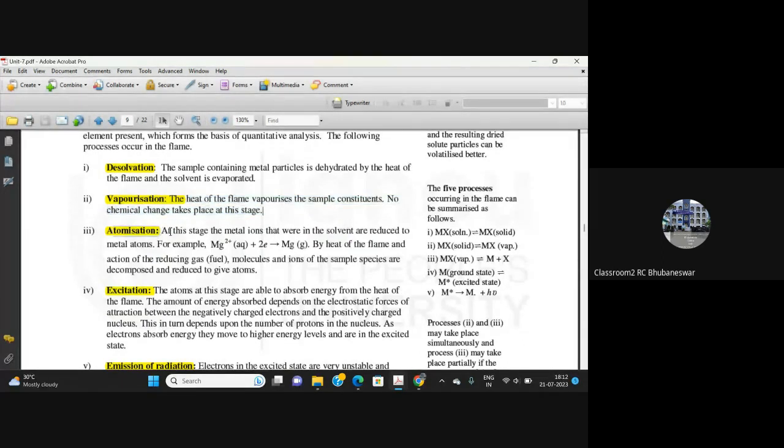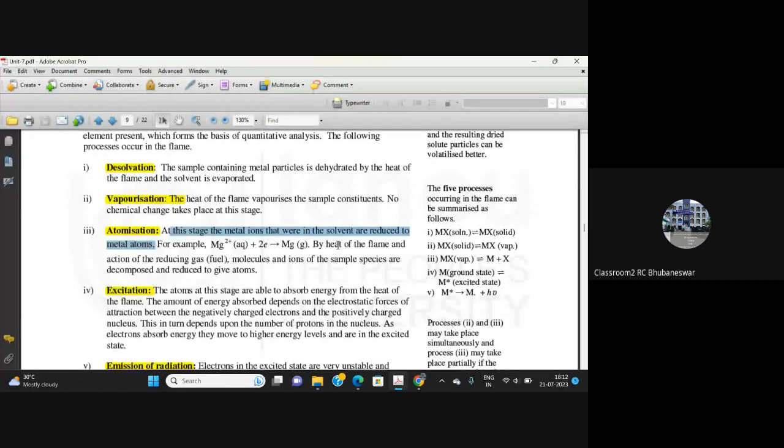Then, at the atomization stage, the metal ions that were in the solvent are reduced to metal atoms. How do you do that? By desolvation, then by the vaporization technique.